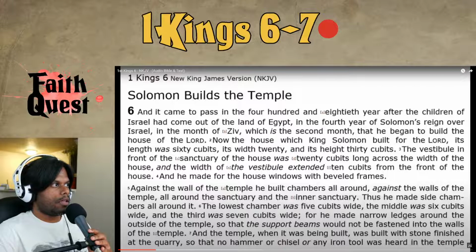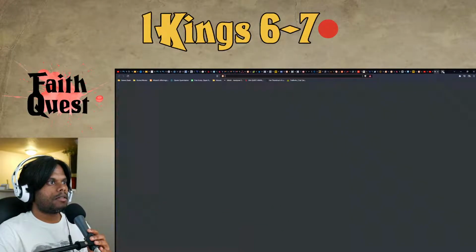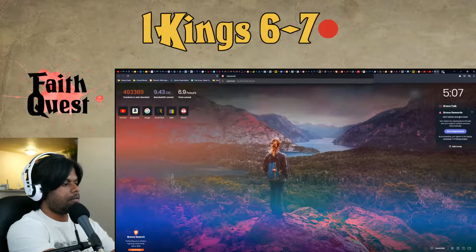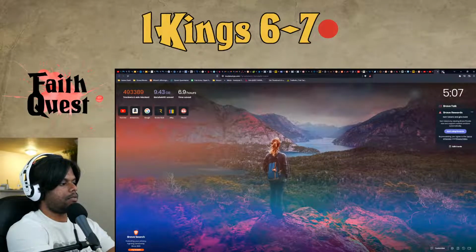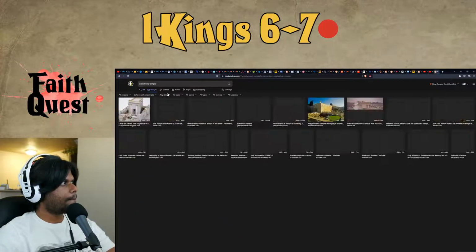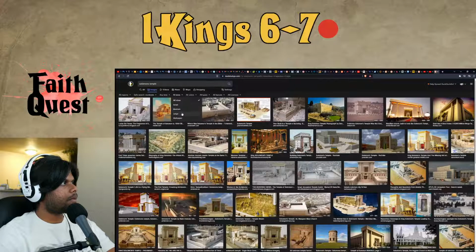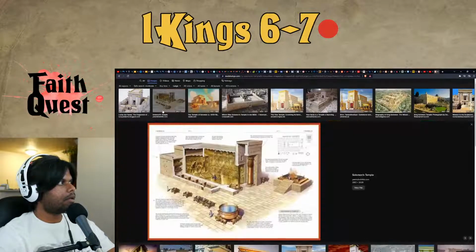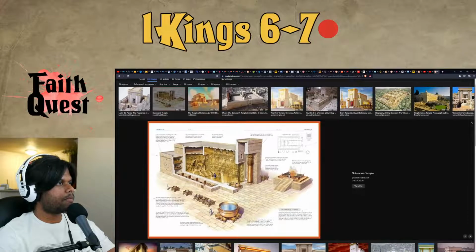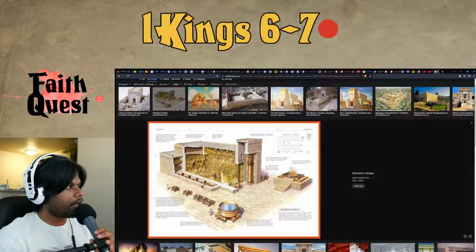Let's look at the dimensions of Solomon's temple. All right, here's the floor plan.